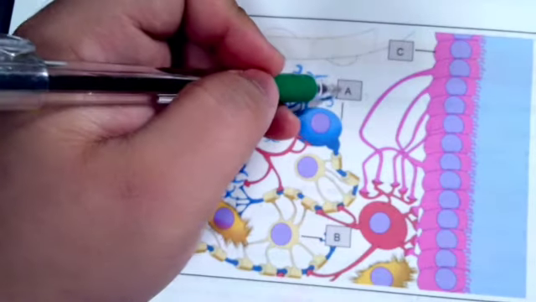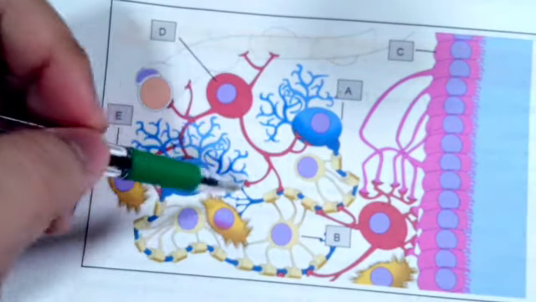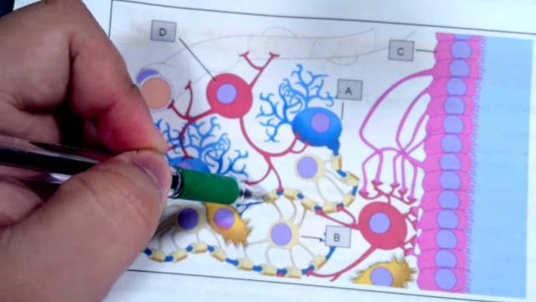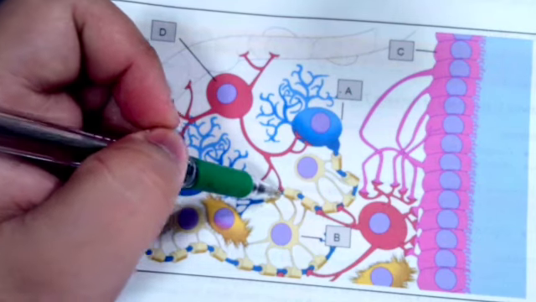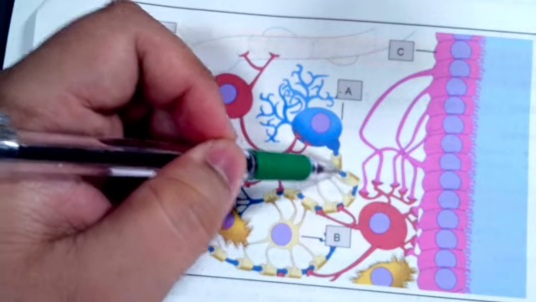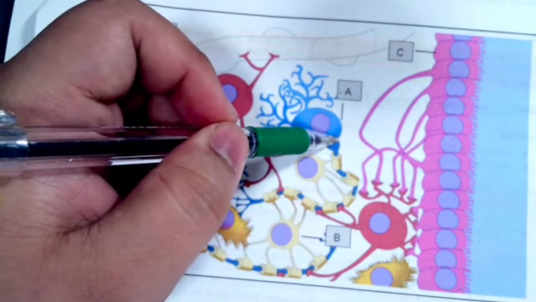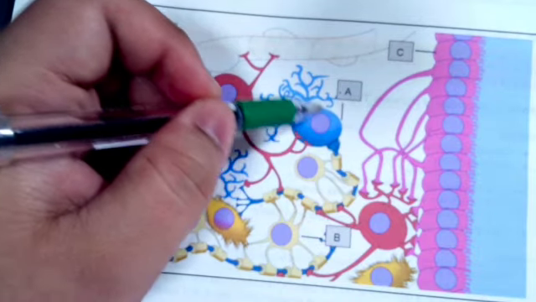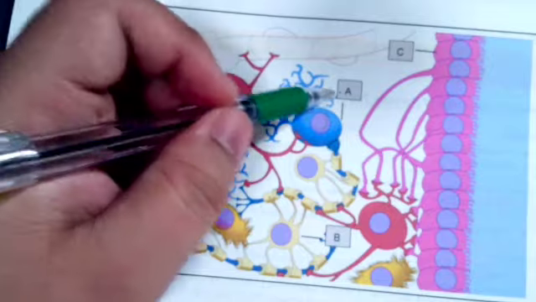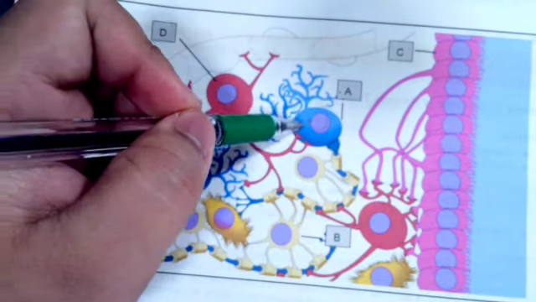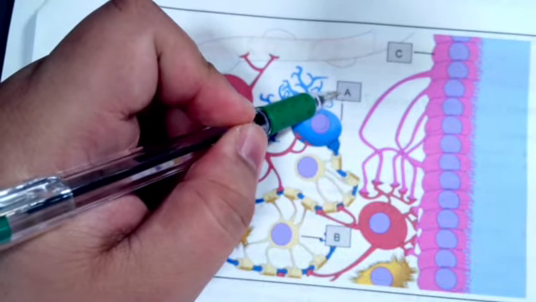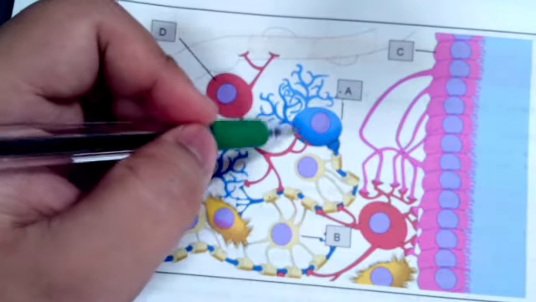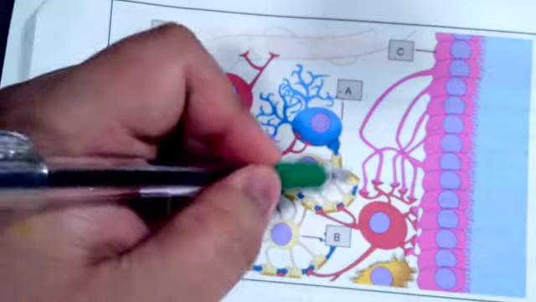This part, letter A, as you can see, has an axon terminal, the myelin sheath, the axons, the axon hillock, the cell body, the nucleus, and the dendrites. This structure labeled letter A is what we call the neuron.